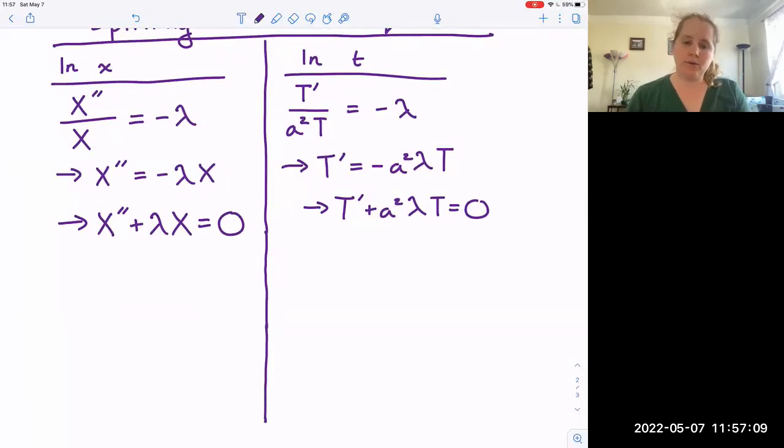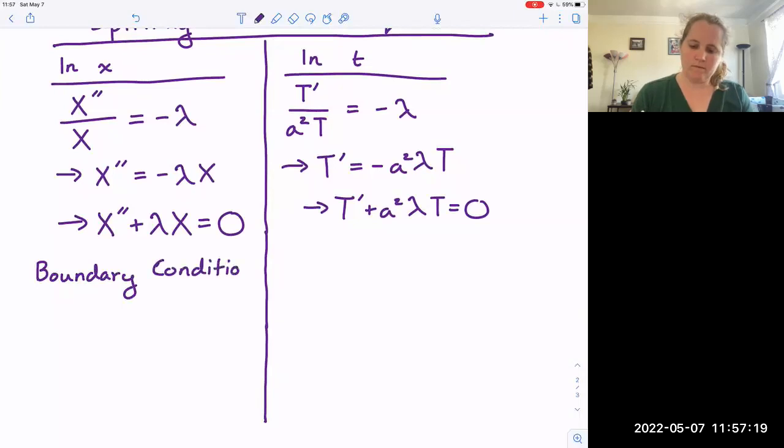So our boundary conditions on x: we had that u(0,t) was equal to 0 for all t.